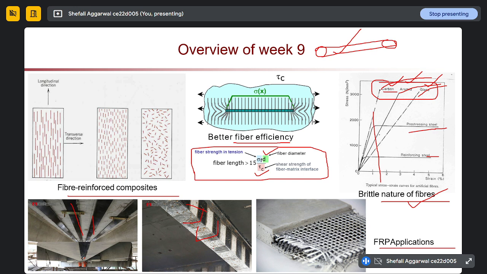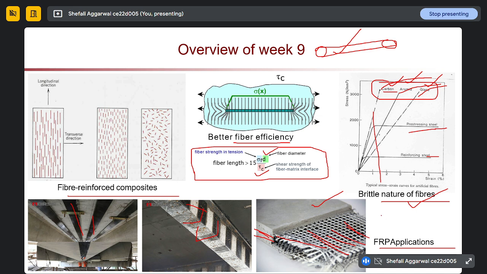Other than this, we can use it as fibers in structural composites. This is a textile fiber reinforced composite. So we are using FRP laminates as a partial replacement to normal rebars.